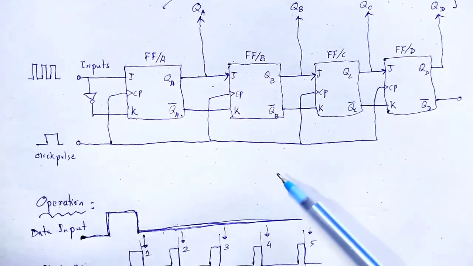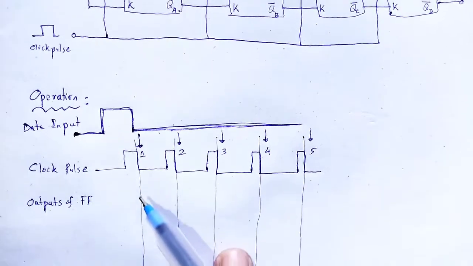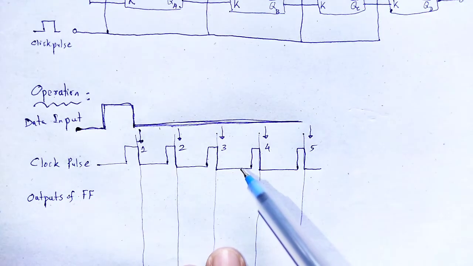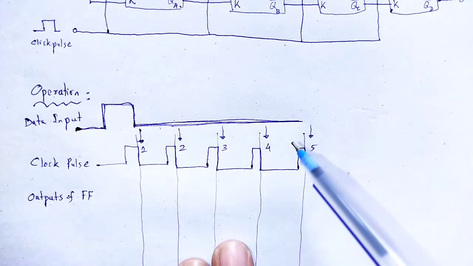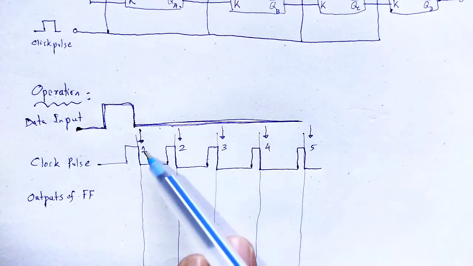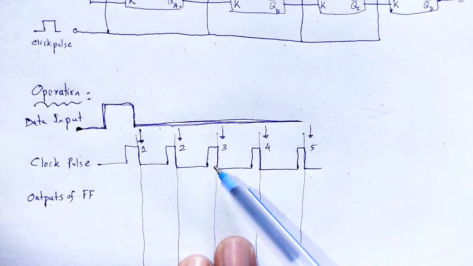So that operation we can easily understand. Here is the data input and the clock pulse. Here we take the master slave JK flip flop, whose logic levels change at the falling edge of the clock pulse.